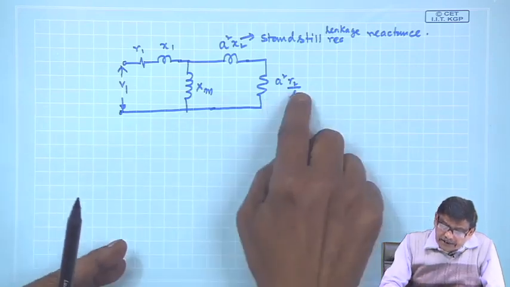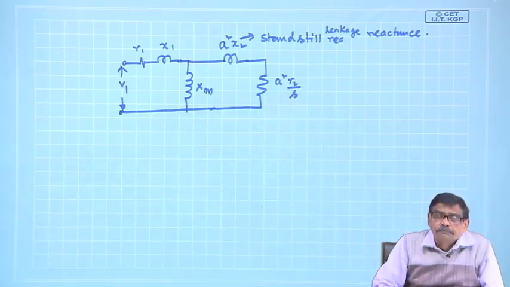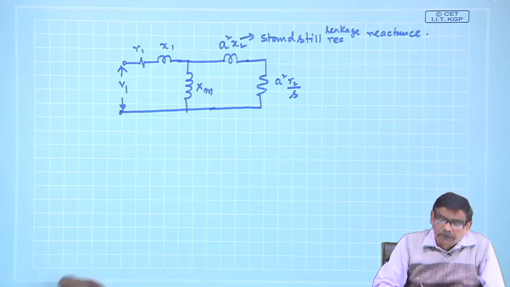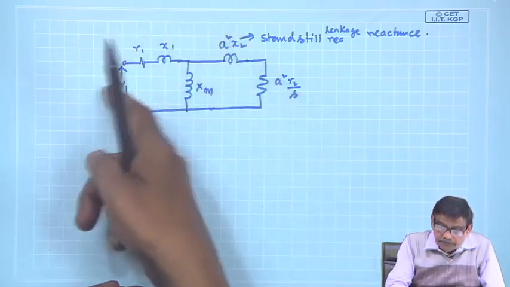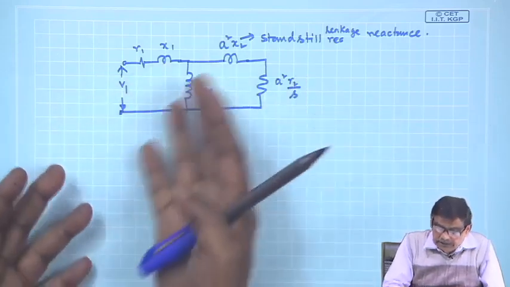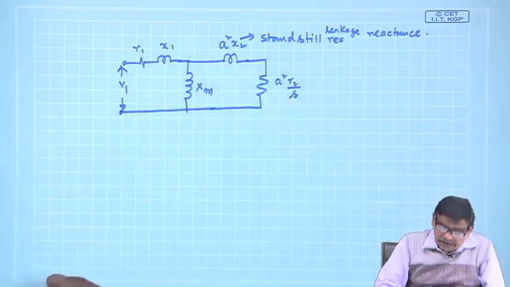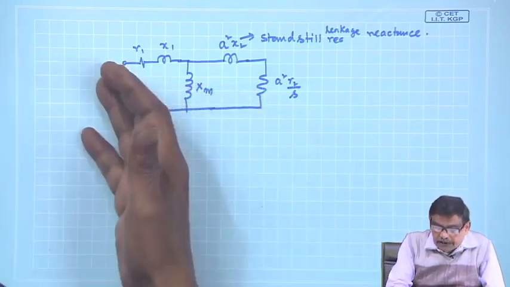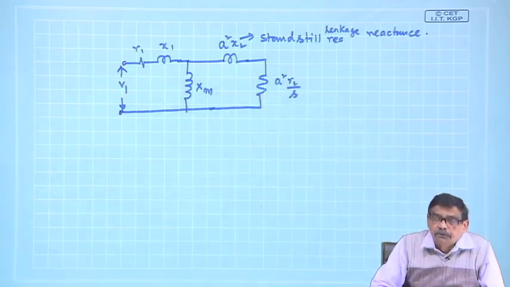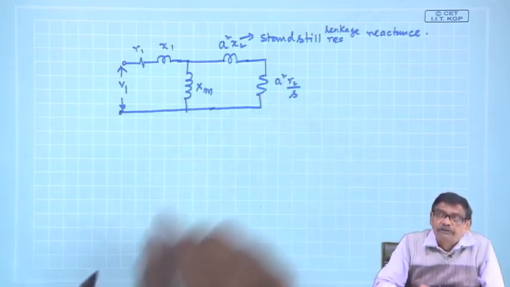At standstill condition, put S equal to 1. If the motor is running with 4% slip, put S equal to 0.04, and calculate. So, this has very useful applications, that is, the impedance offered to the supply by the 3-phase induction motor really depends on slip.